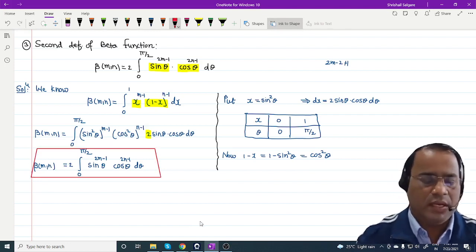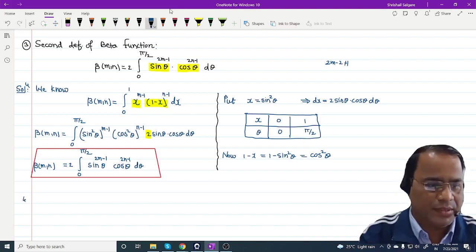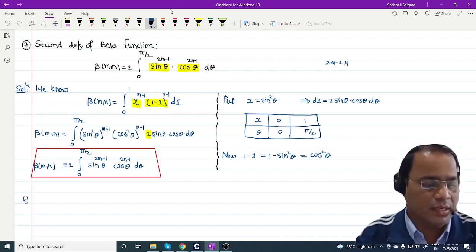Now the third one. By using the second definition of beta function, how do we evaluate integrals if they are given in trigonometric form? That is the fourth property, the property in terms of beta.